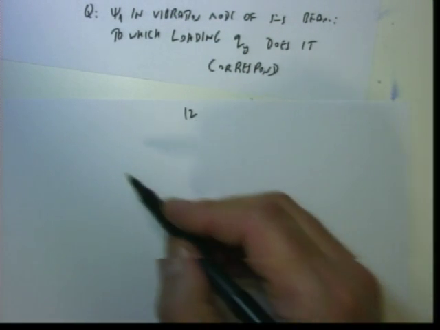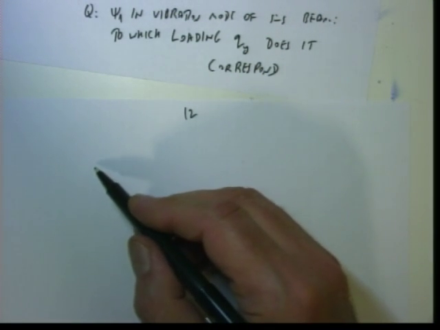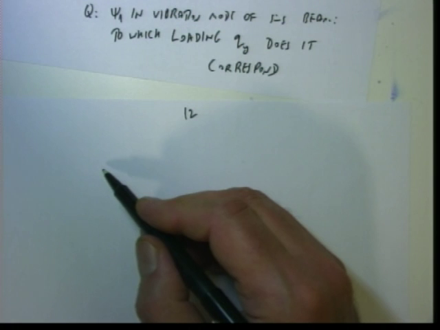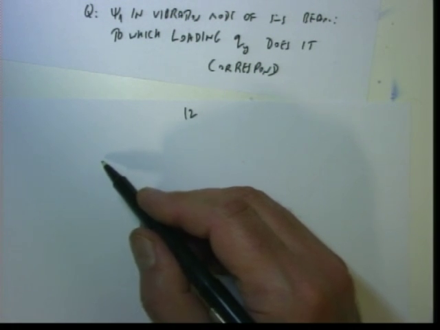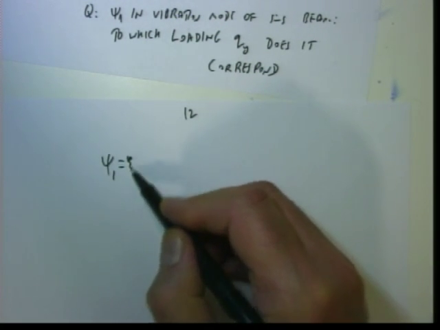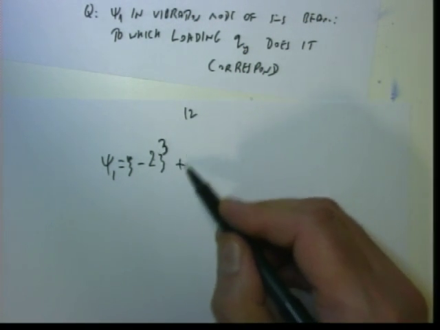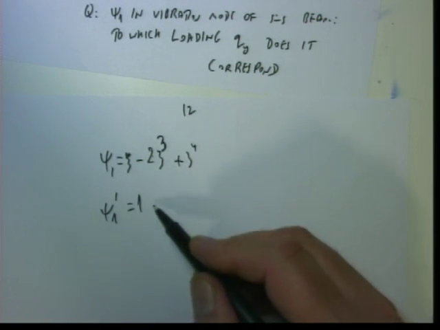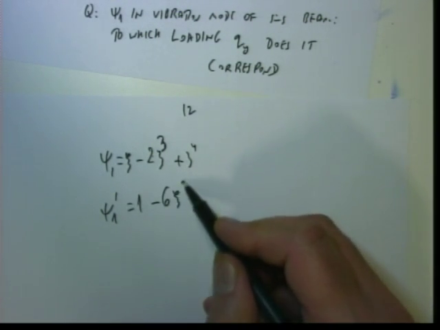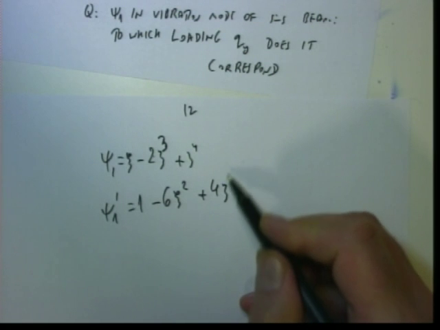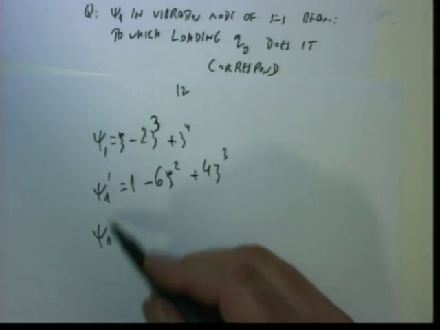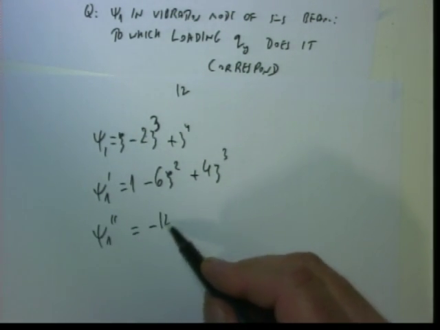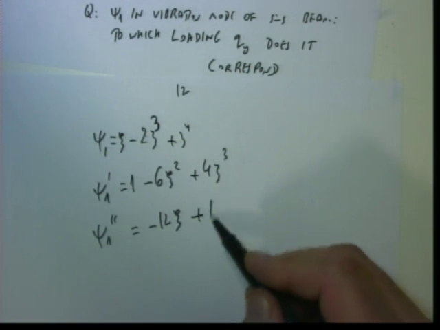So what we will get is as follows. Again, psi 1 equals psi minus 2 psi cubed plus psi to the fourth power. Let me differentiate. Once is 1 minus 6 psi squared plus 4 psi cubed. Second derivative: minus 12 psi plus 12 psi squared.